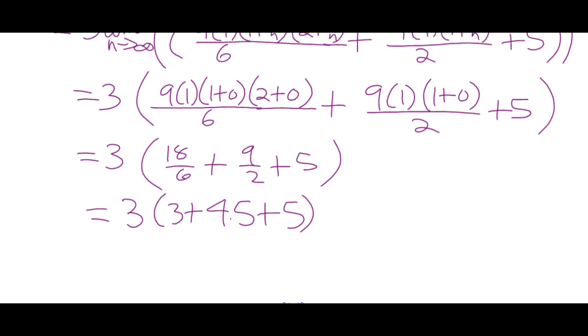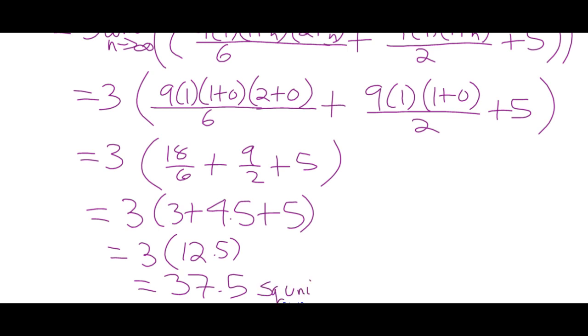Because we're going to actually multiply this. That's okay, we can multiply a half. So 3, what do we got? 8, 12.5. So 37.5 square units. Square units, or units squared.